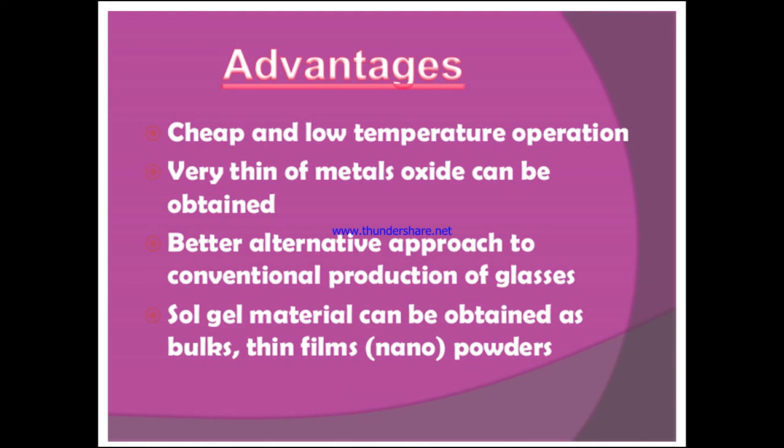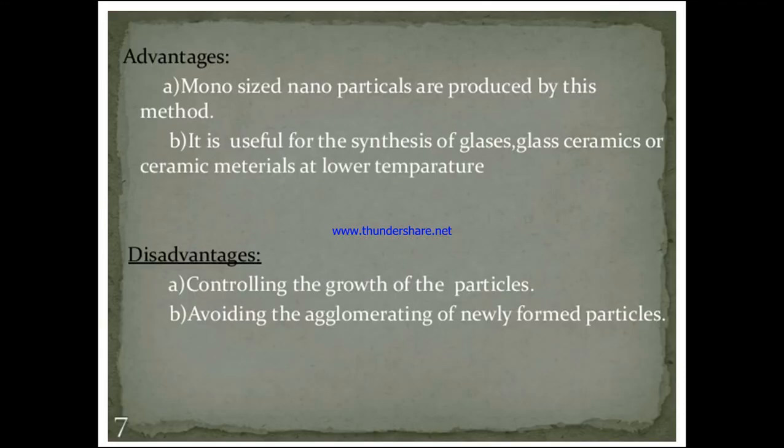Sol gel material can be obtained as bulk, thin films or nano powders. Mono-sized nanoparticles are produced by this method, useful for synthesis of glass ceramics or ceramic material at lower temperature.